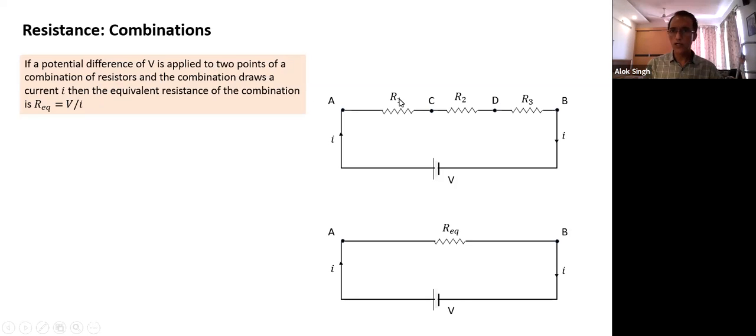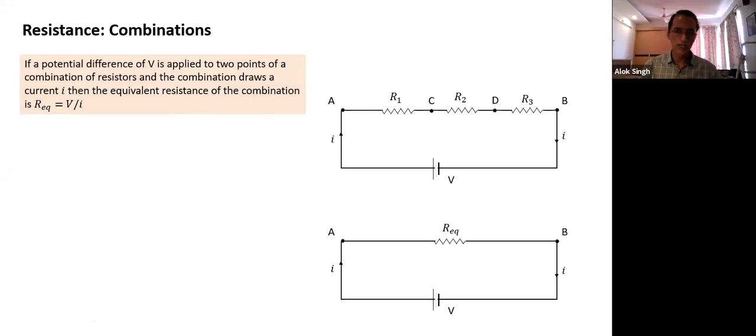It could be one single resistance. So if I want to replace it with one single resistor, yes, the entire combination can be replaced with one single resistance, Req. Its behavior in terms of resistance will be the same. Other behaviors might change, but as far as resistance goes, a combination of resistances can be replaced by one single resistance called Req, which draws the same current when the same voltage is applied.